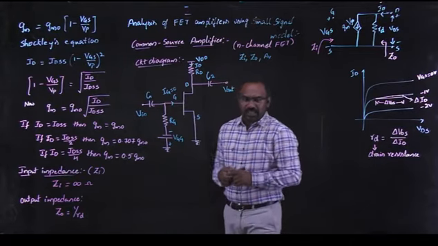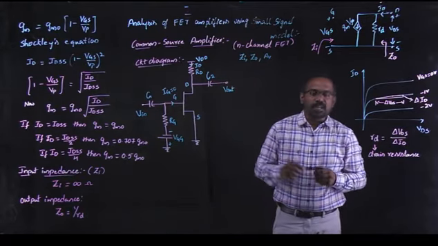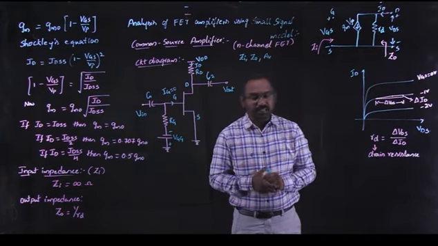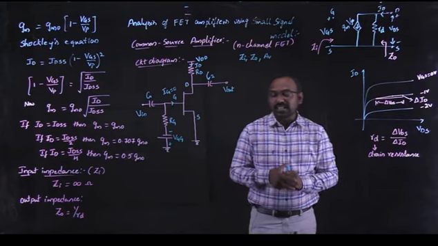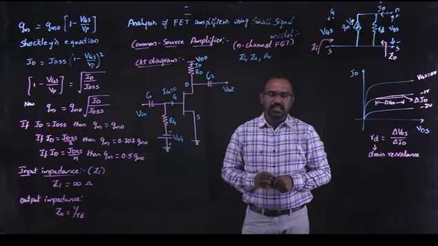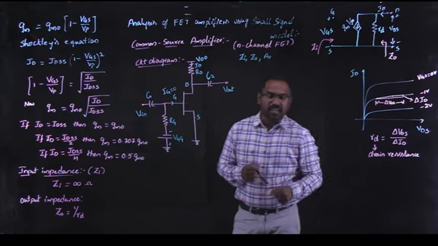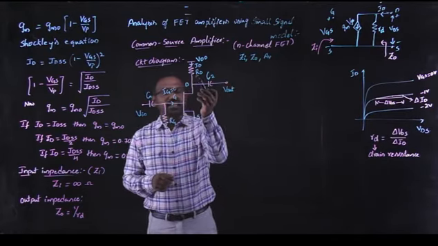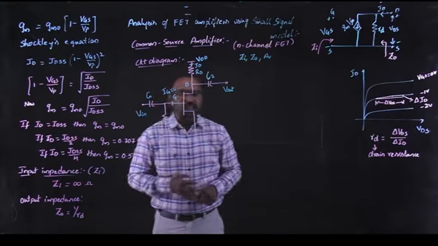Here generally, when compared with the bipolar junction transistor, FET amplifiers are linear. Why I can say linear is because they offer very high input impedance. And the temperature variation is also very small when compared with the BJT. Why? Because my output current is controlled by the input voltage only.